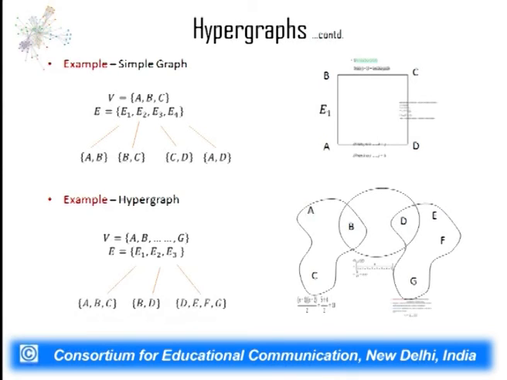In the case of a simple graph, what we can see is ABC in the vertex set, and in the edge set there are 4 edges and they are all strictly in pairs of 2. But in a hypergraph, we can see that in the edge set there are edges with 3 and 4 vertices. So this will give you an insight into what hypergraphs exactly look like.